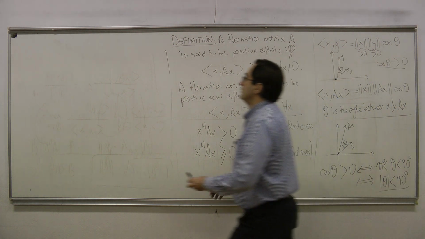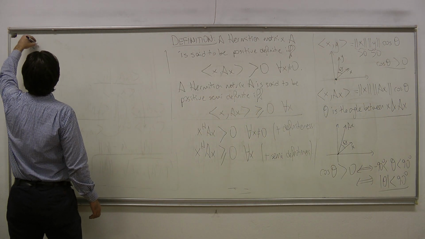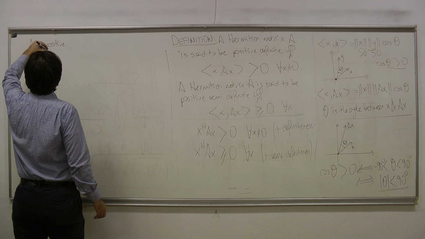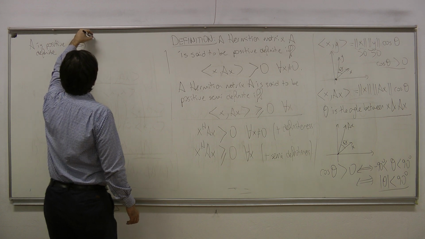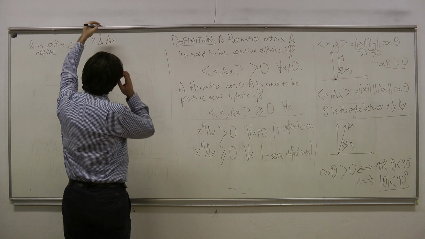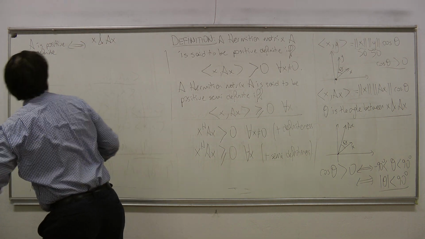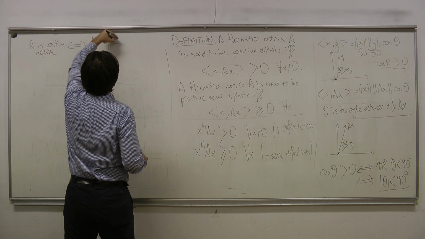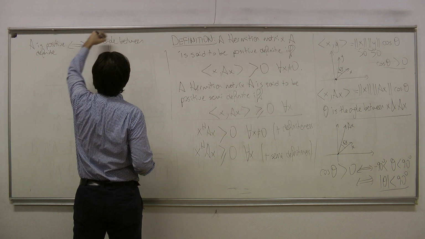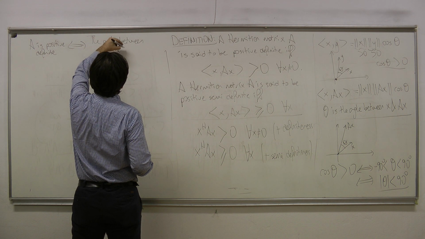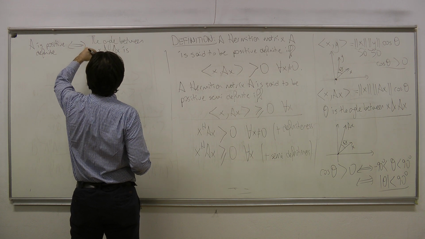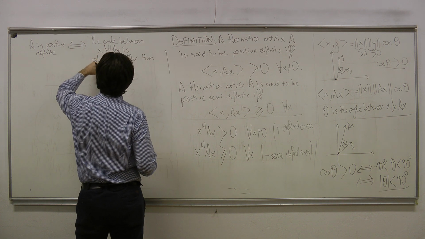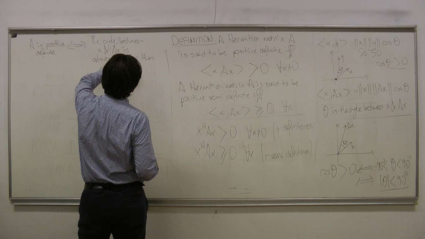Okay? So A is positive definite if and only if the angle between x and Ax is always smaller than 90 degrees in magnitude.